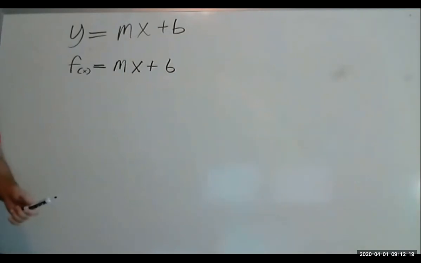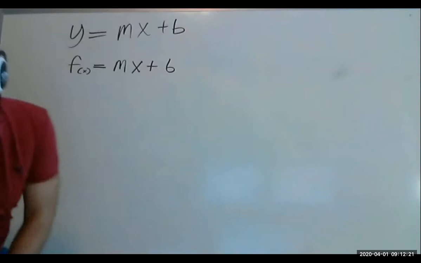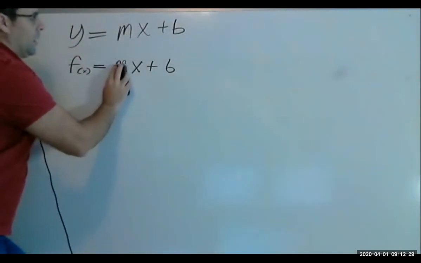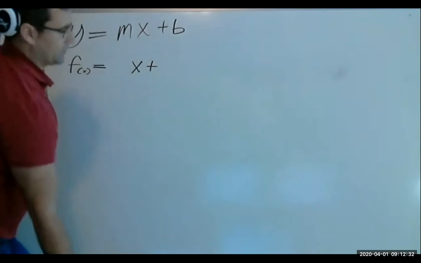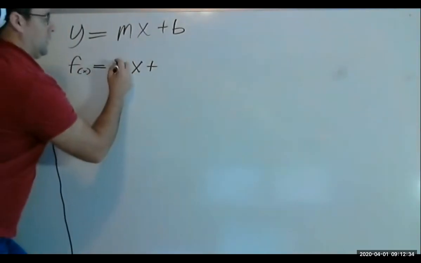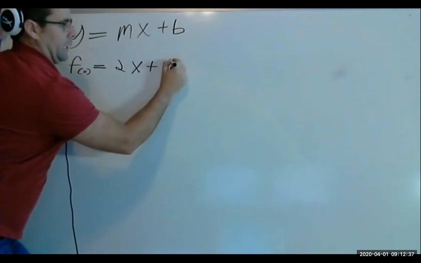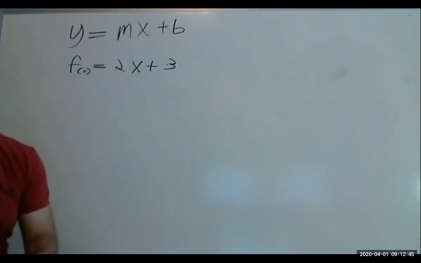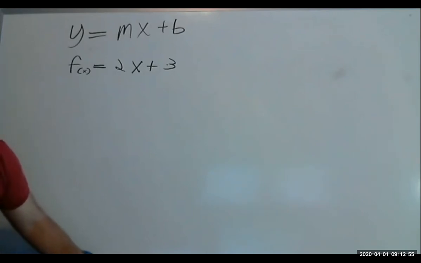So this is where we start. Let's actually put in some numbers here just for giggles. 2 and, I don't know, 3. So what are we going to do with this information is the first question.